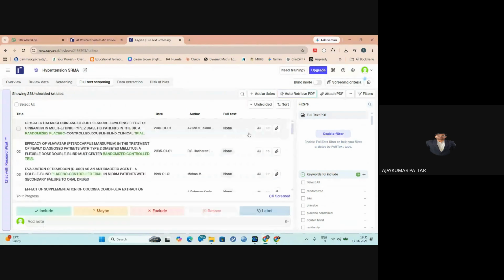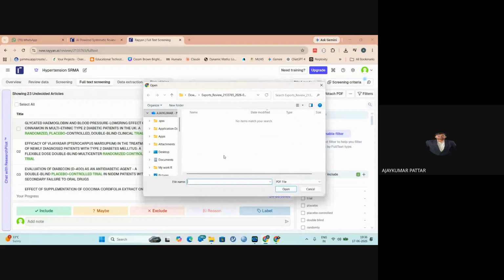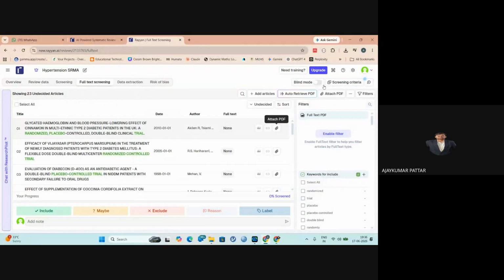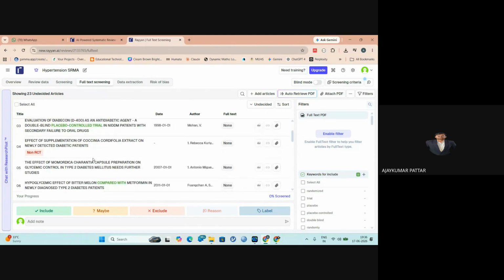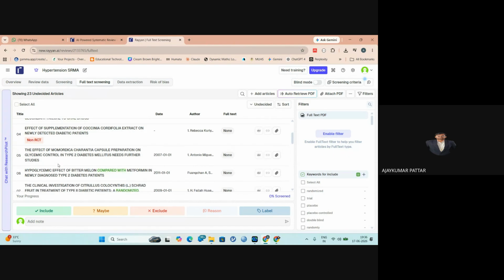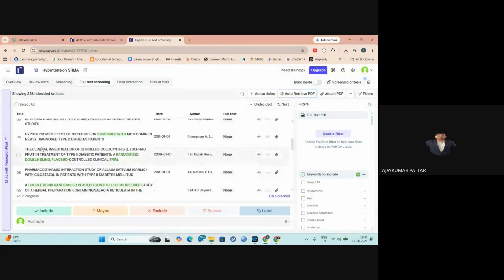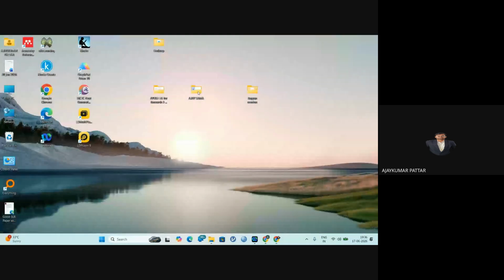As you now know how to upload the full papers, we have to attach the full papers. Two papers we have downloaded, so I will attach those particular papers only. Which one we have downloaded, I will see once again.